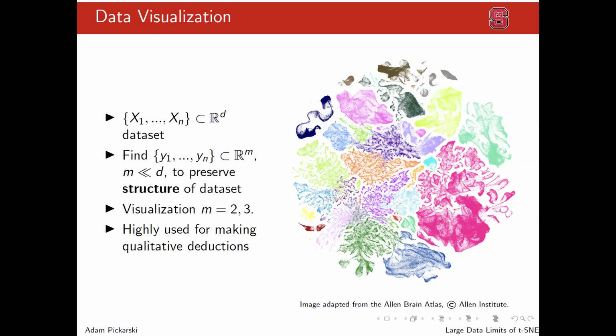This here is an image of a mouse brain. They do some sort of processing to the cells, which I'm not going to describe because I'm not a biologist, and then they can represent them as very high dimensional data points. They have a billion different cells, and they want to visualize them.